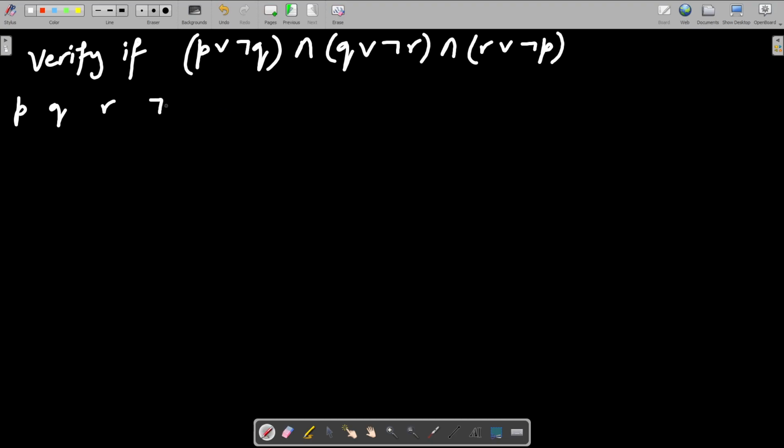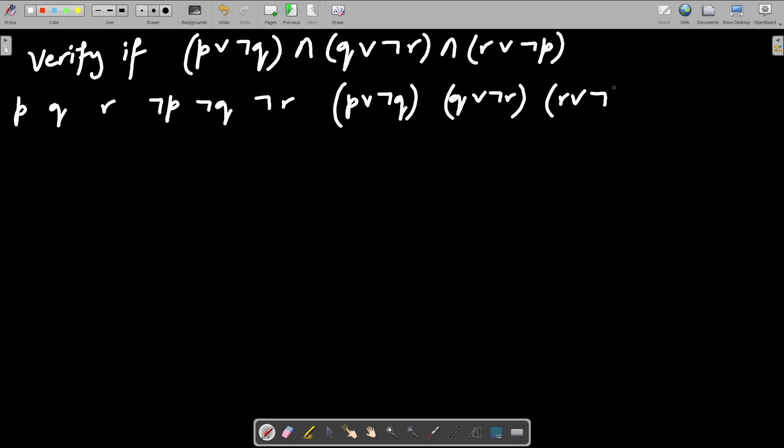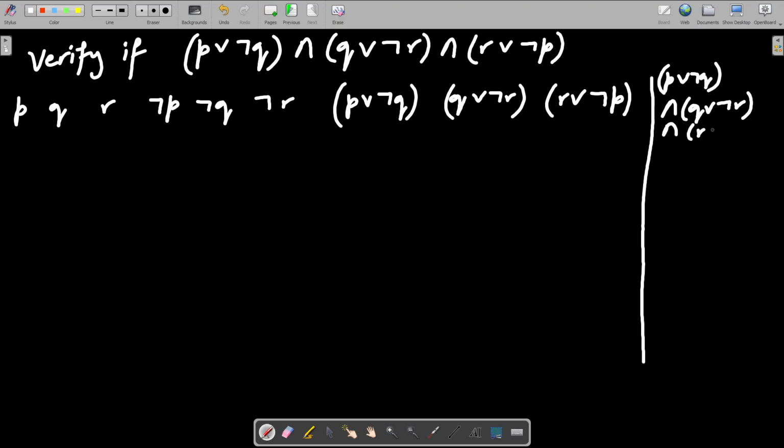P, Q, R, write down not P, not Q and not R. Then you write down P or not Q, then Q or not R, and then R or not P. And then this is the last combined statement, P or not Q and Q or not R and R or not P. Try to fit it in one line if possible.